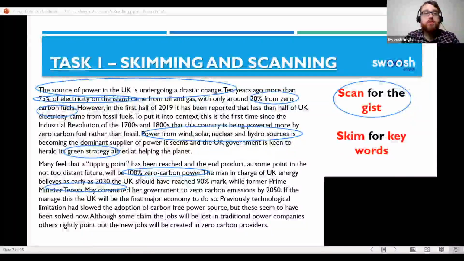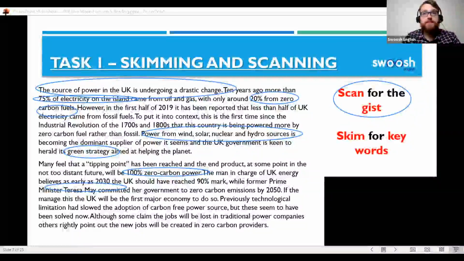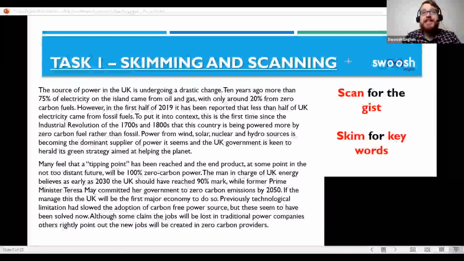And as we can see, there has been a reduction of fossil fuels in favor of renewable fuels, green energy, and zero carbon power, etc., as well as how it's being conducted by various officials and people within the United Kingdom and its governments. All right, so that's what we want to do. Very quickly, skim for the gist and skim for the keywords in the time that we have for our prompt.